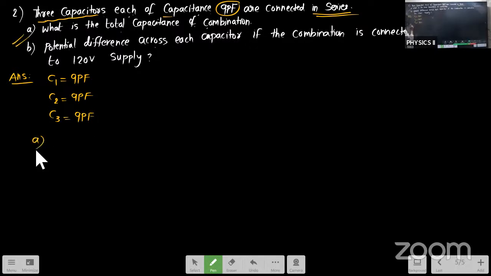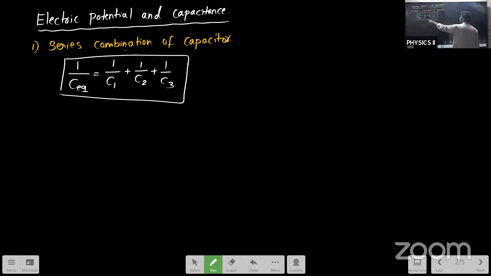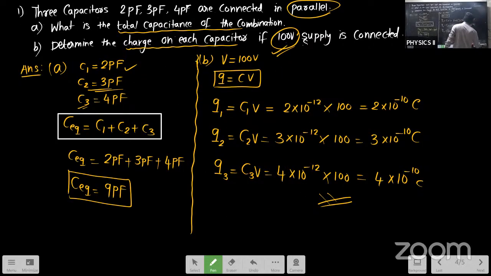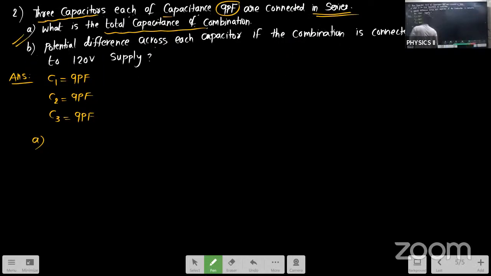So what is our first question? Question A. What is the total capacitance of the combination? Whenever capacitors are connected in series, what is the formula for equivalent capacitance? 1 by C equivalent is equal to 1 by C1 plus 1 by C2 plus 1 by C3. This is for series combination.